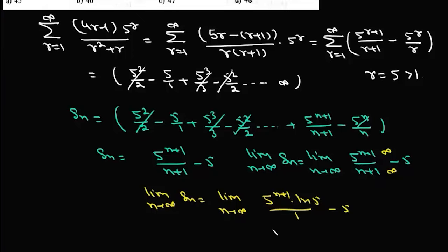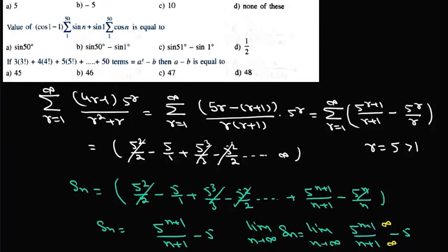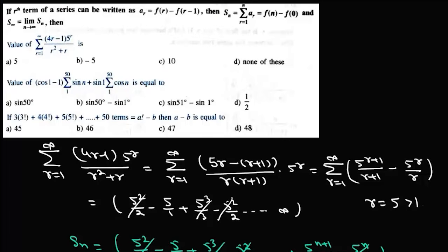Now 5 to the power infinite is infinite. So this series doesn't converge, so we do not have a limiting value of the sum. So the answer to this first question is option D, none of these.